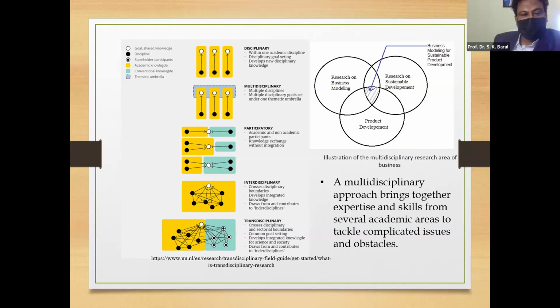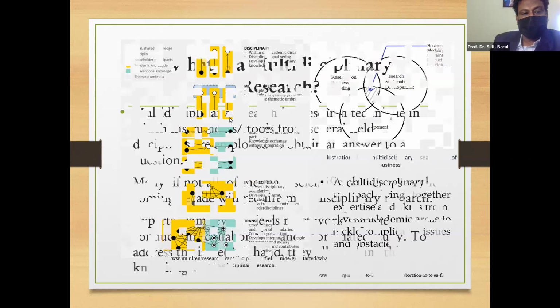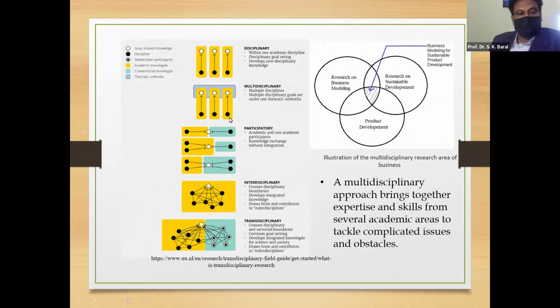You see, here one discipline is there, here one discipline is there. The common point is this white, I mean to say, the white circle you are getting here. This is the goal, shared knowledge. I mean to say the knowledge will be shared, both conventional as well as academic knowledge.